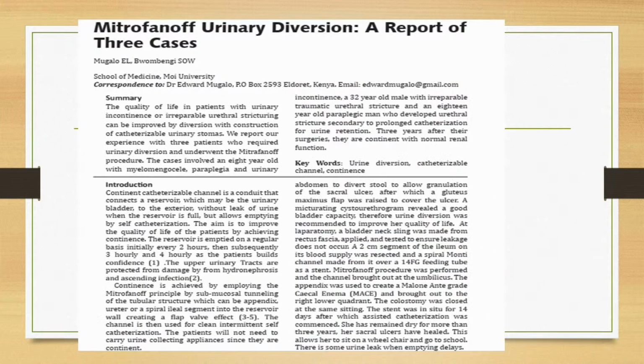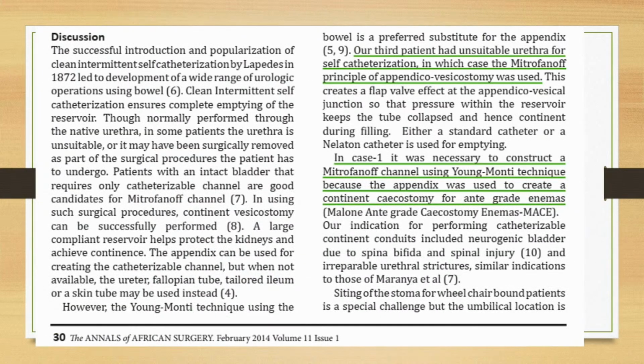And they actually documented very interesting findings that they did a Mitrofanov appendicovesicostomy in the third patient. And in the first case of the study, they actually were able to construct a Mitrofanov channel using the Young-Monti technique. So I felt this was a very interesting study, given that it's our local data that was published.